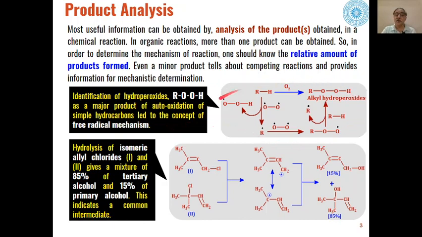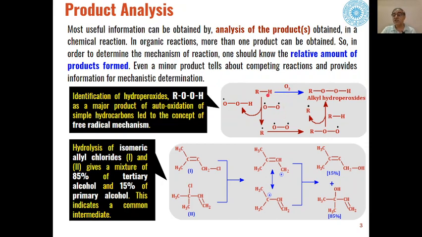For example, if you see this reaction here, alkanes are converted into hydroperoxides, and these hydroperoxides are formed as the major product in the auto-oxidation of these alkanes.